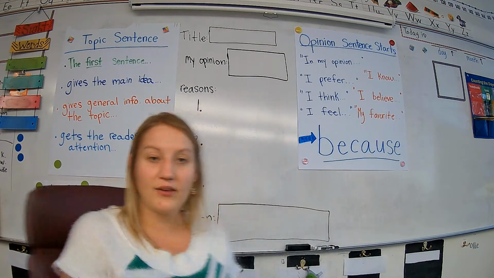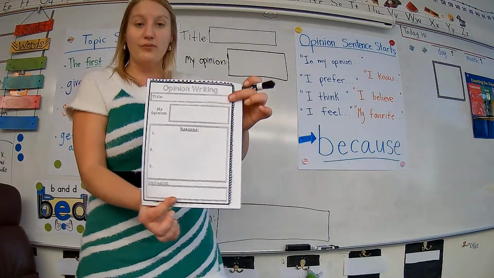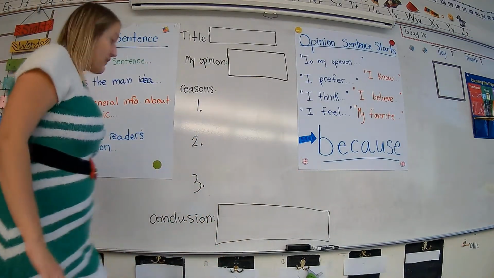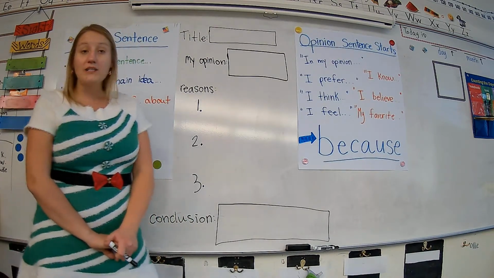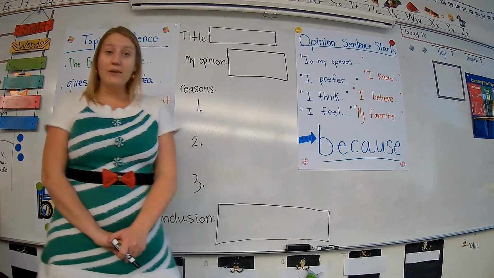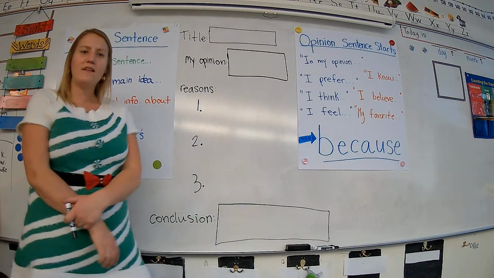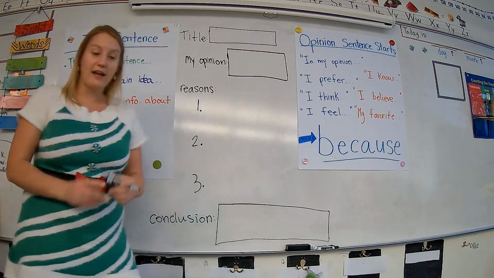So let's go ahead and look up here. You can see I just made this chart really big on our page. Friends, if I was going to write an opinion of if I prefer pizza or hot dogs more, I would have to give it a title. I think my title needs to be short and to the point and give the idea of what I'm writing about.